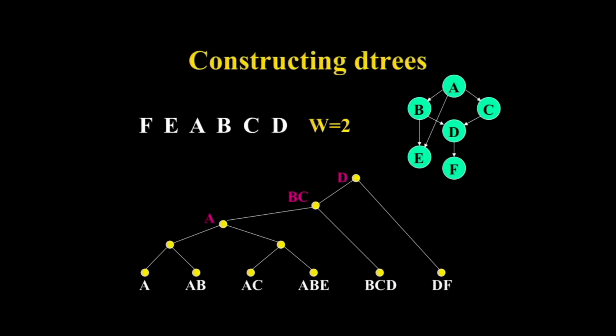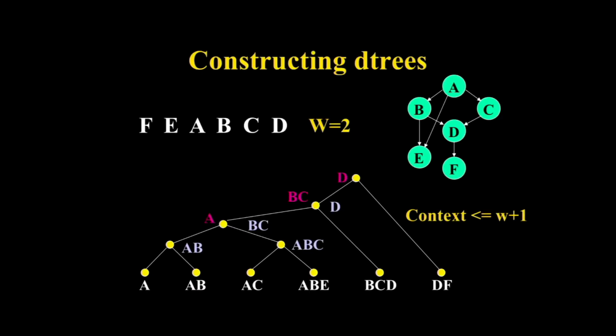That method will guarantee you that every context is also less than W plus 1. That means the space complexity will also be exponential in the width. So here are the contexts in this case, and this method guarantees that every context will be less than W plus 1.